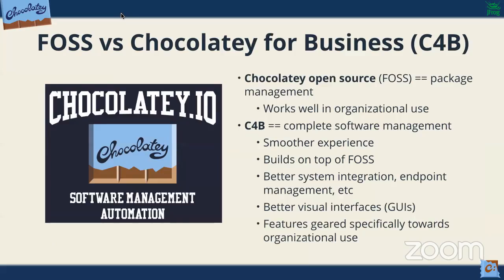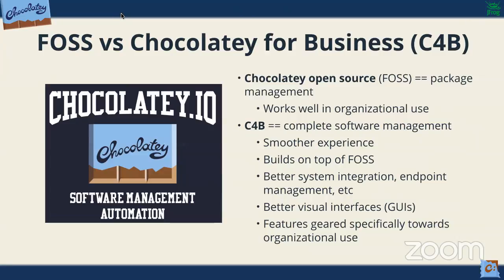So when it comes to Chocolatey, there's really two approaches to deploying things. One of those is through open source, and a lot of times with organizations, there's also Chocolatey for Business. That open source side is very strictly about package management, which does work well in organizations. However, we see a lot of them building their own world around that, building a lot of tools and solutions, where Chocolatey for Business is a much more complete software management experience out of the box.